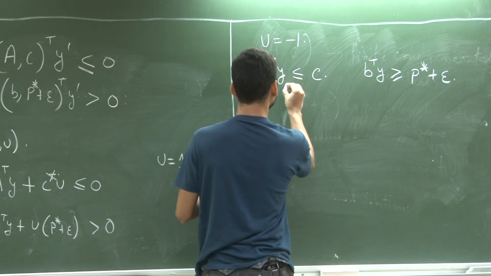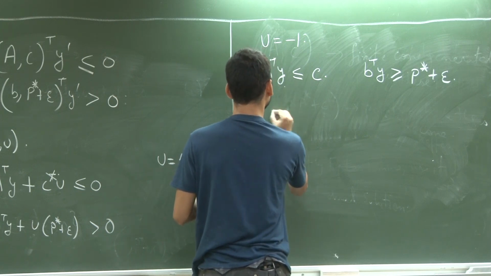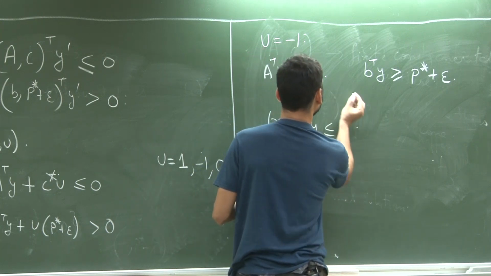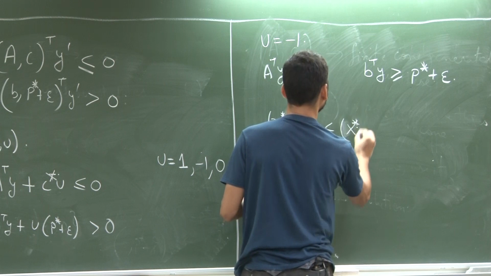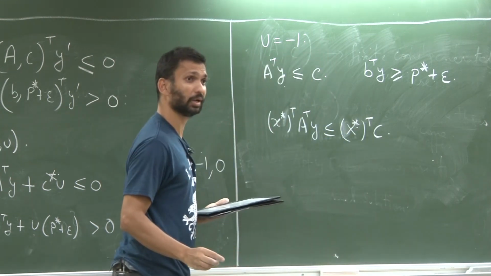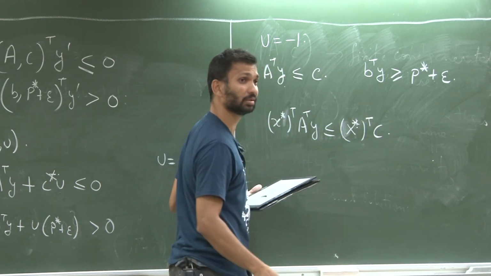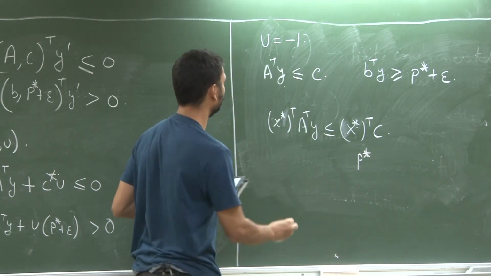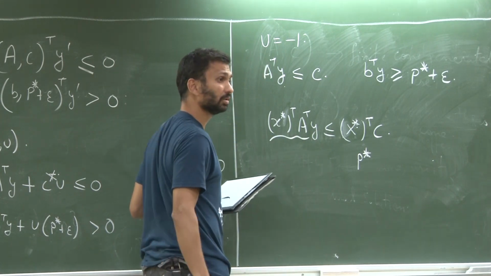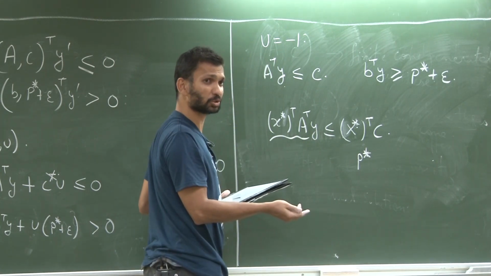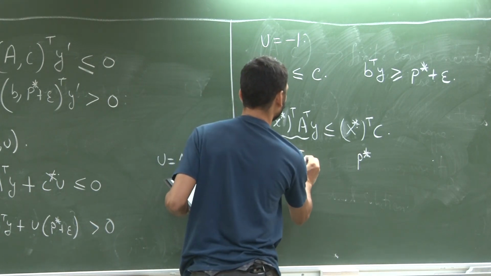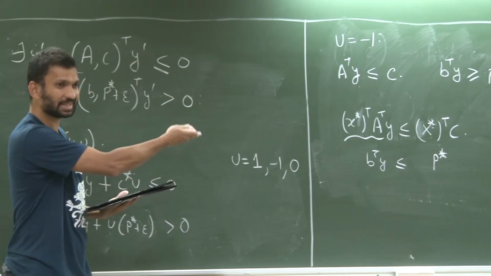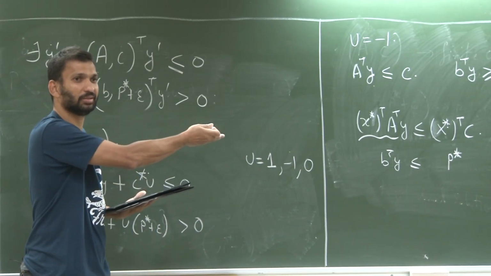Okay? So we just take this multiplied by x star. Correct? What is this? X star is a feasible solution. These are basically where I have applied the meta inequality here.